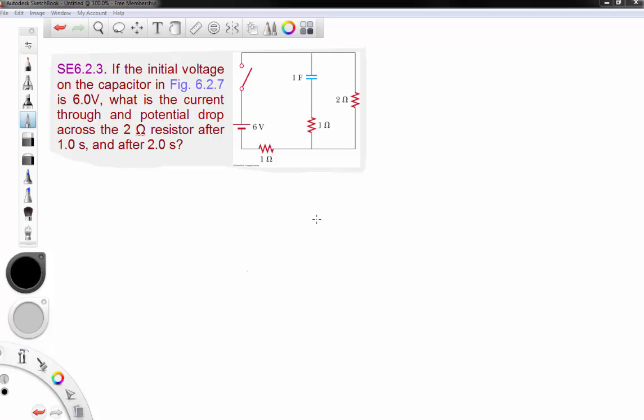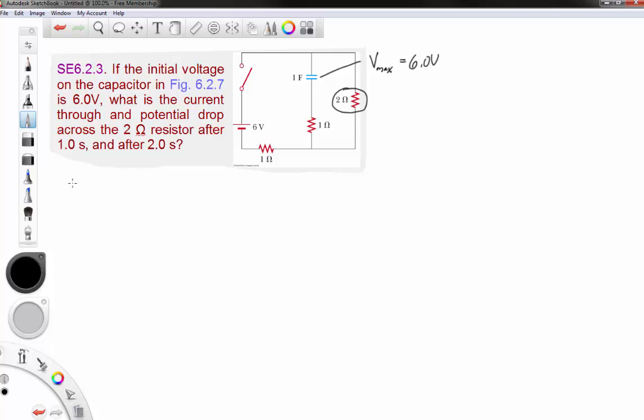All right. Last but not least, we're told that the initial voltage, V max, is 6.0 volts. Again, it's discharging, and what we want is the current through and the potential drop across this resistor after both 1 second and 2 seconds.